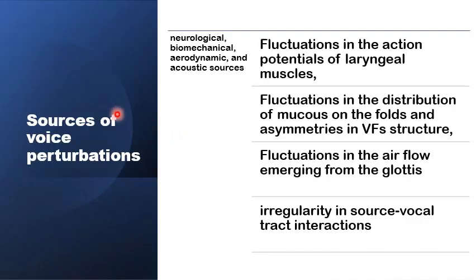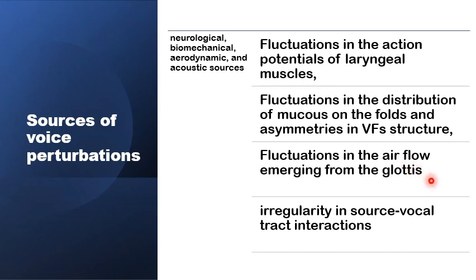Why do we have these perturbations in the voice even with normal voice production? The causes are multiple. They can be of neurological origin, biomechanical, aerodynamic, and some acoustic sources as well. There can be some fluctuations in the action potential of the laryngeal muscles during phonation, or some fluctuations in the distribution of the mucus on the vocal folds, or some asymmetry in the vocal fold structure during phonation.